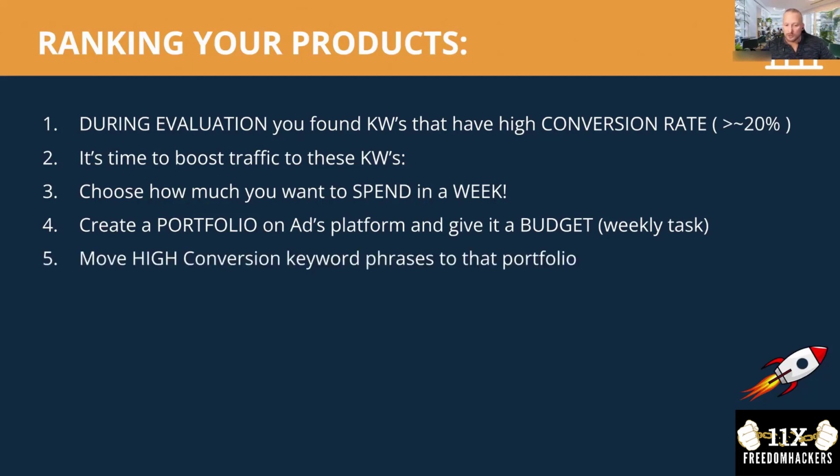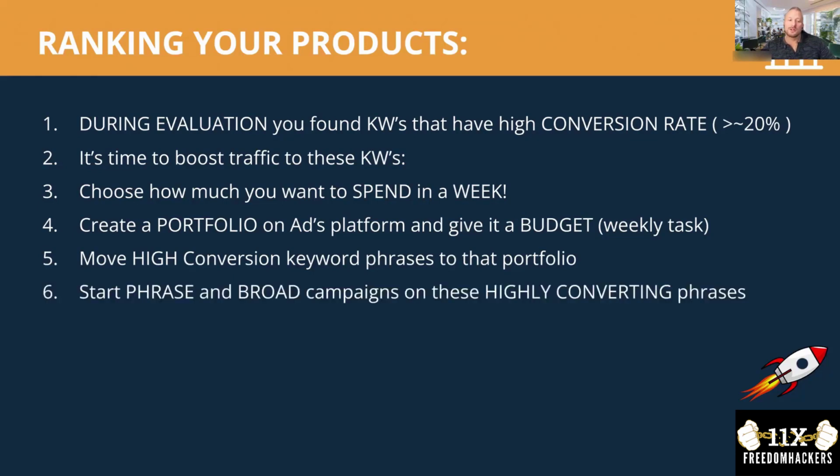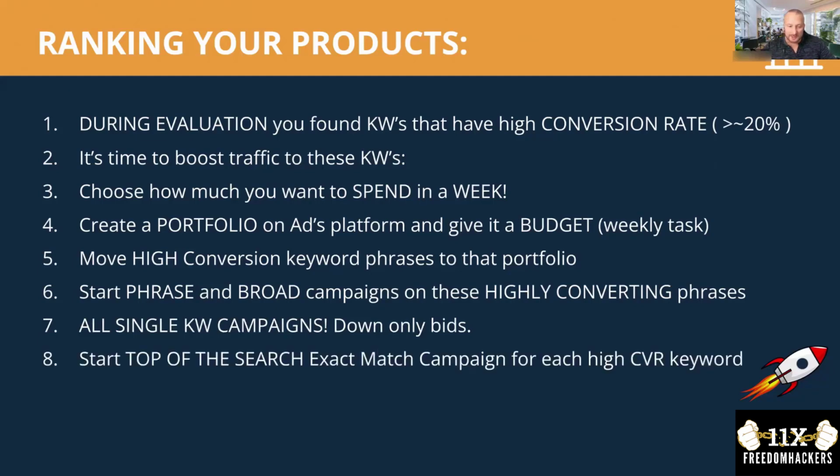You move these high conversion keyword phrases to that portfolio. You also start phrase and broad campaigns on these same keyword phrases, okay? And they all need to be single keyword campaigns and down only bids. And you also start a top of the search exact match campaign on each high conversion keyword.